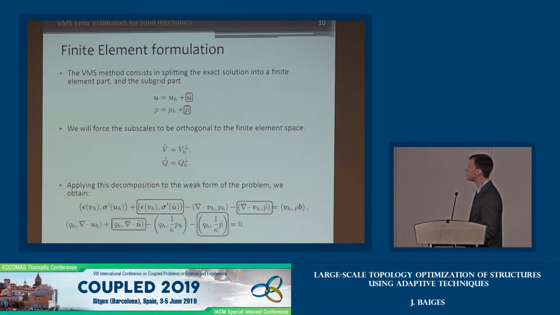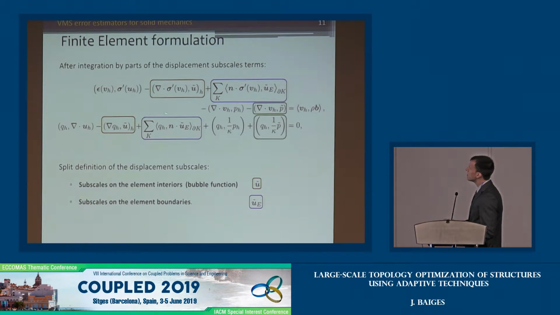So if we apply this decomposition to the weak form of the problem, we obtain this weak form here, in which the terms which are not highlighted are the Galerkin original terms, but now we have additional terms. These terms in brown here correspond to the displacement subscales, and then the terms in green here correspond to the pressure subscales.